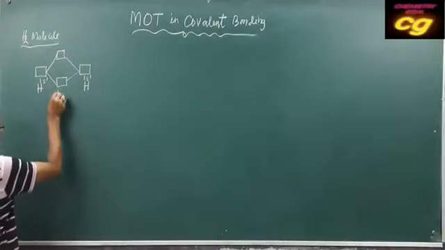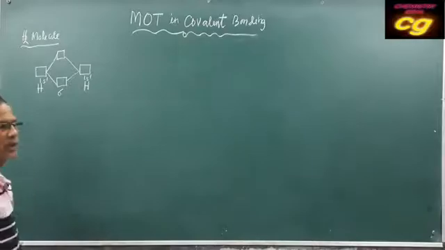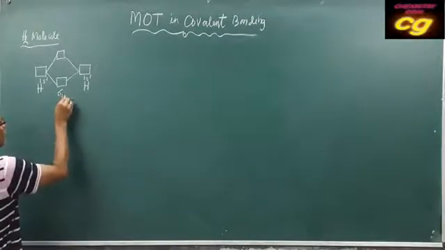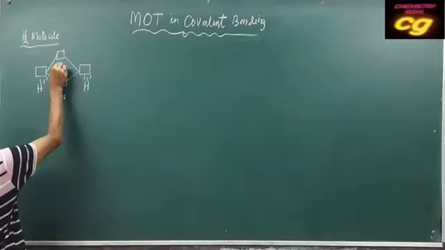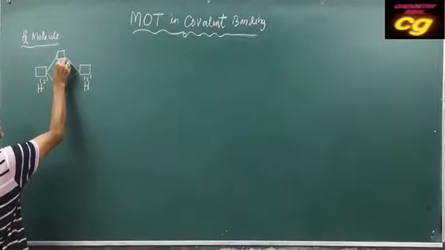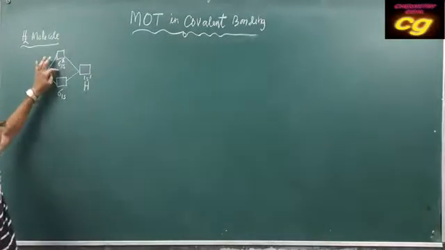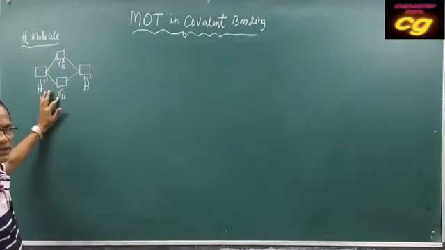As s overlap always produces sigma orbitals, this is sigma 1s and this is sigma 1s star. Star indicates antibonding and sigma indicates bonding.